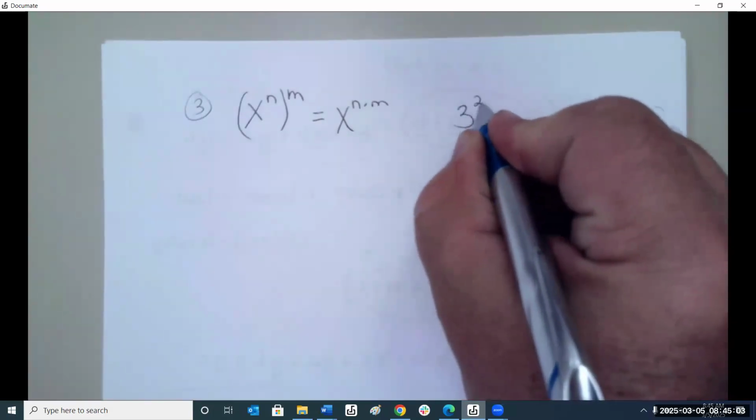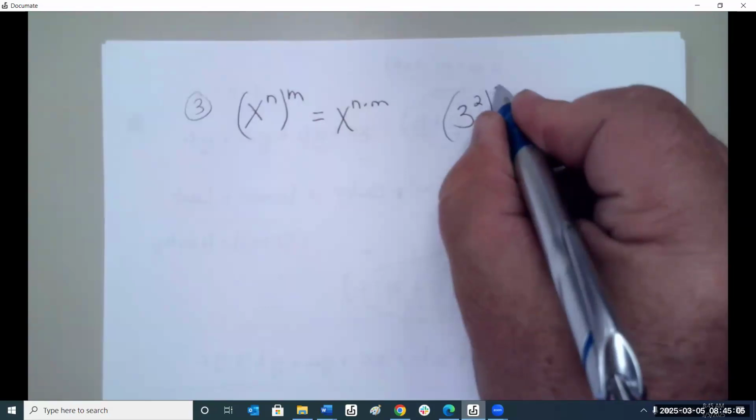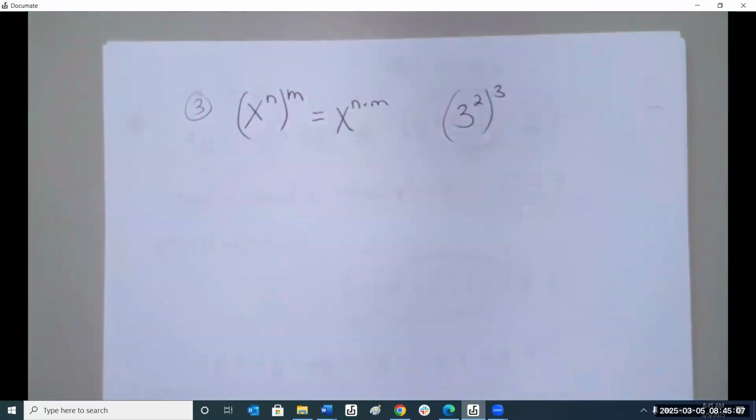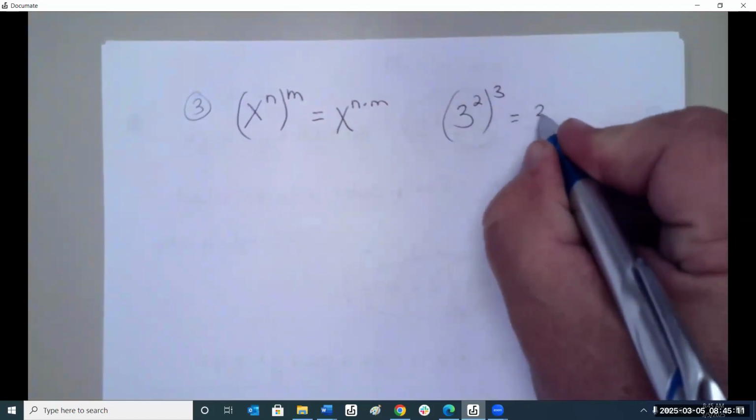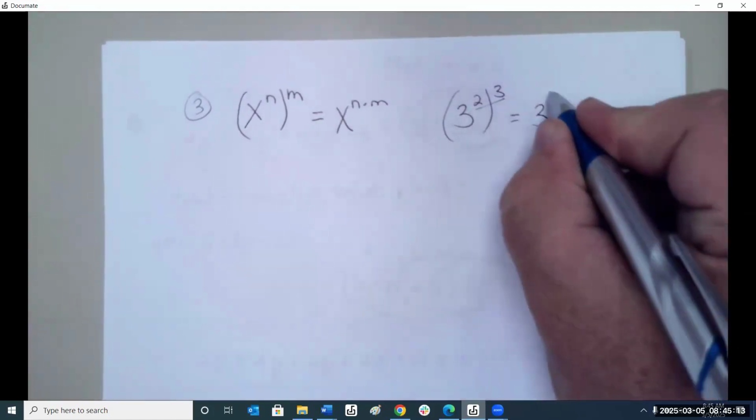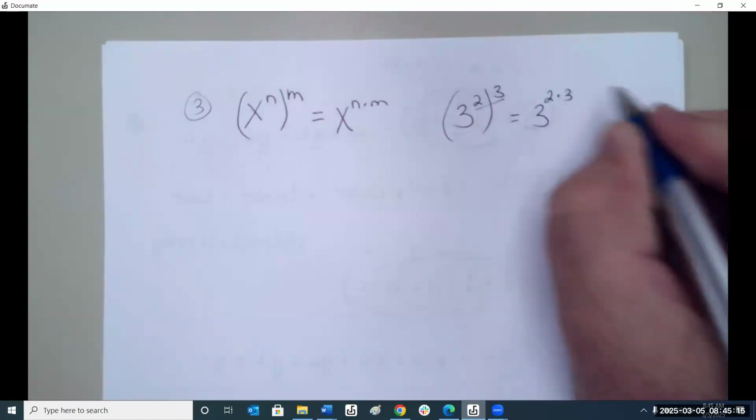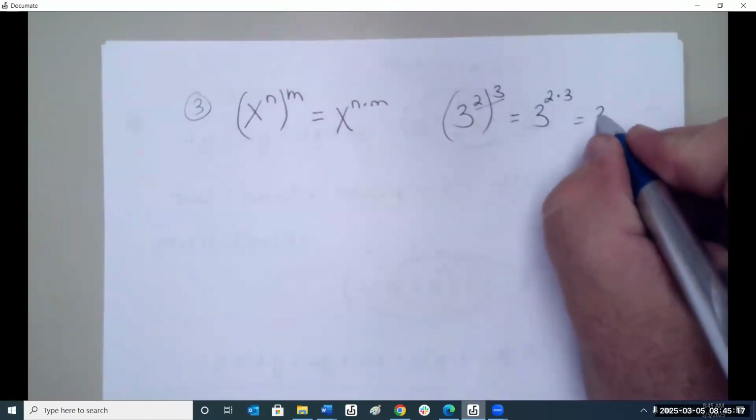So if we had 3 squared cubed, since these are power to a power, you multiply, which is 3 to the 6th.